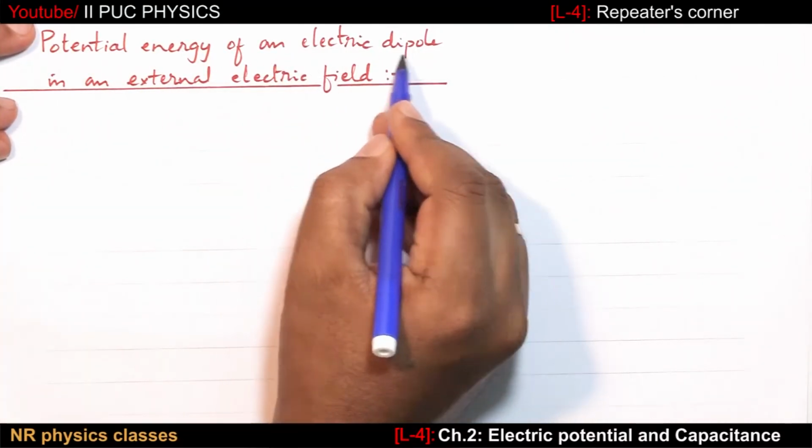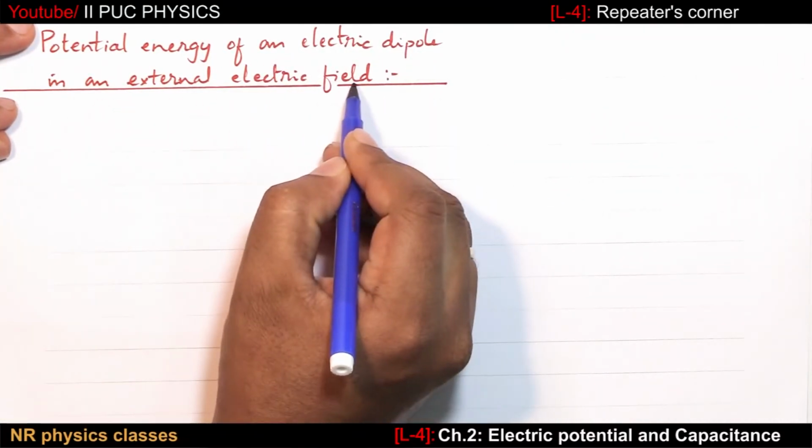Potential energy of an electric dipole in an external electric field.